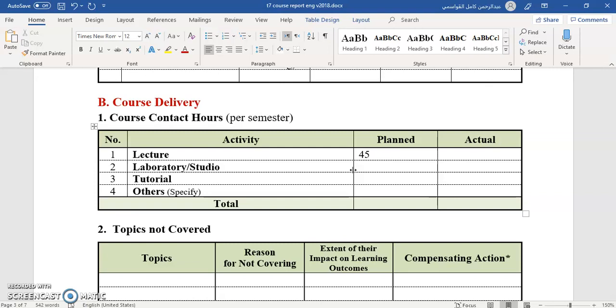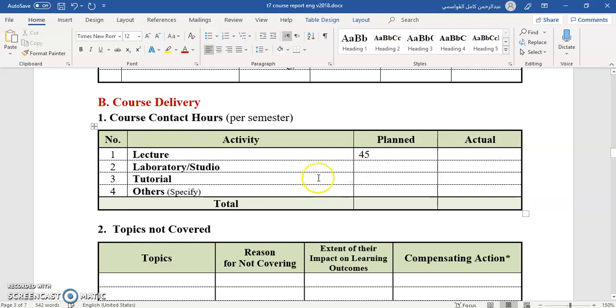If you have 15 weeks, you have 3 contact hours every week. The total is 45 contact hours in the semester. This should be written in the course specification. We didn't consider here weeks for first exam, second exam, final exam. We are talking about 45 contact hours of lectures.